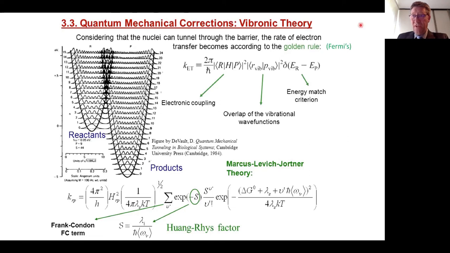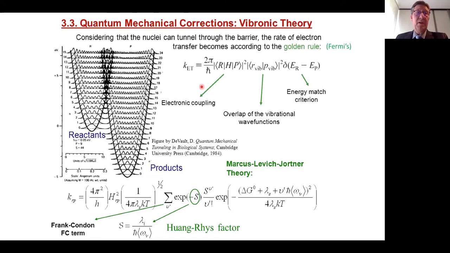So that's actually the same Fermi as from the Fermi levels. And this golden rule tells us that the rate of a reaction can be related to the electronic coupling and this overlap of vibrational wave functions.